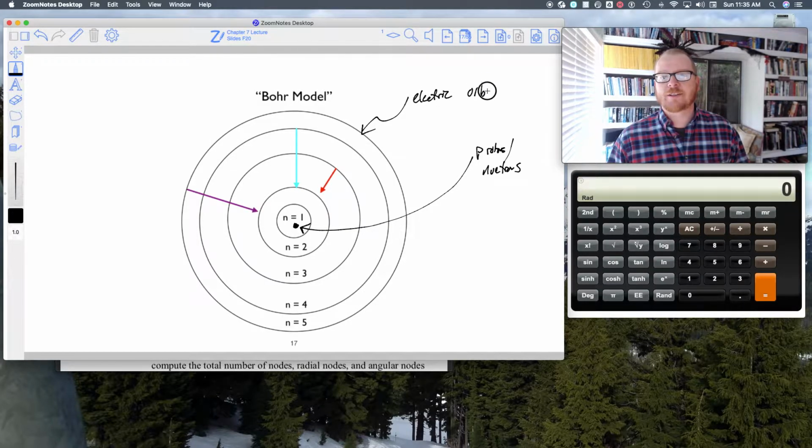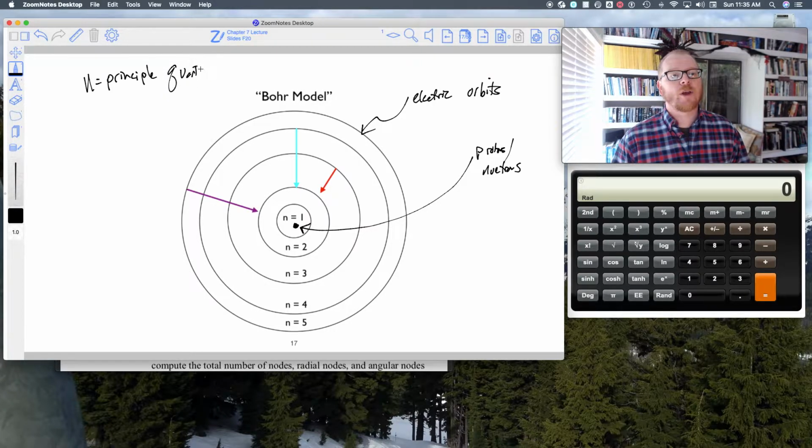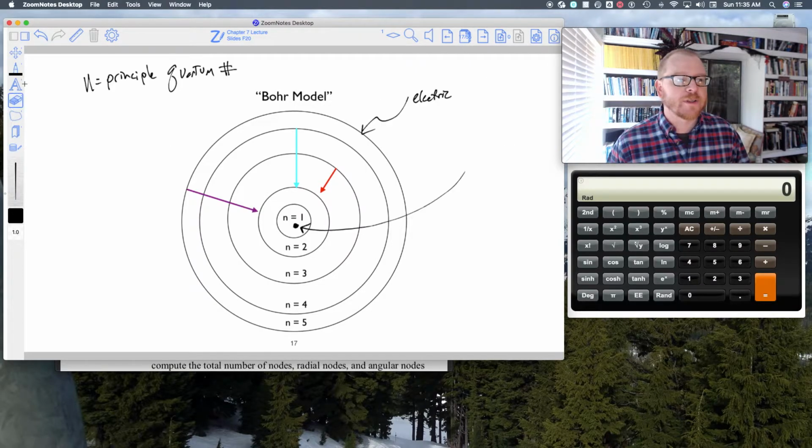I'm going to call these electron orbits, and they are given by what we call N, the principal quantum number. I know we use N for number of moles, but we also use it to describe the principal quantum number, which gives us these electron orbits about the nucleus.